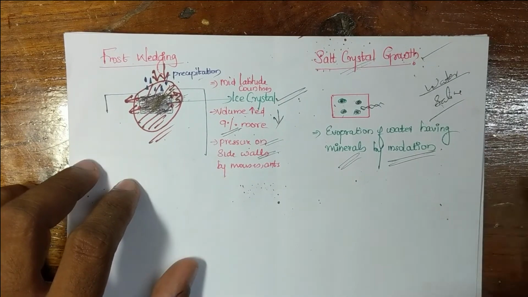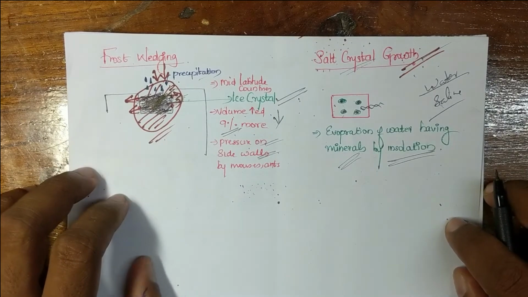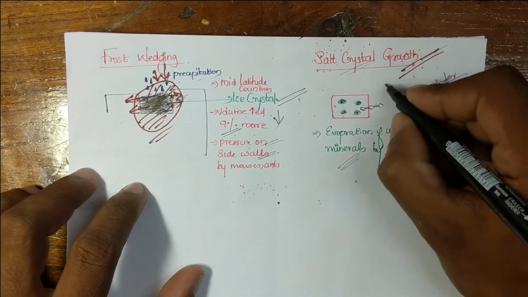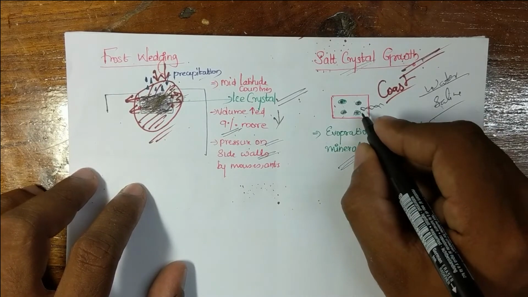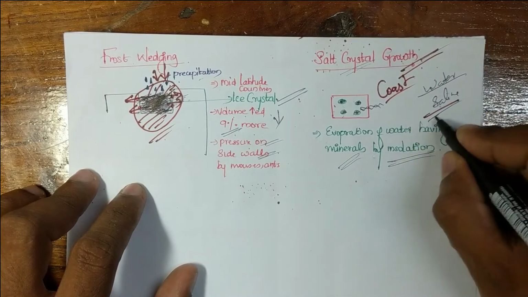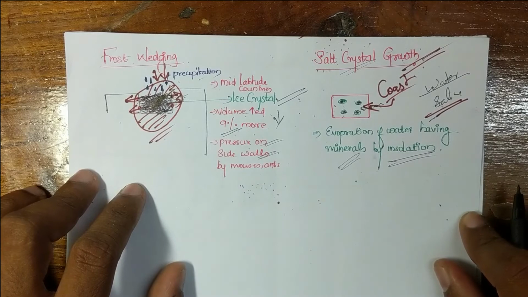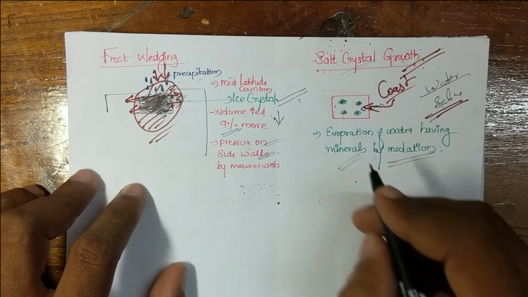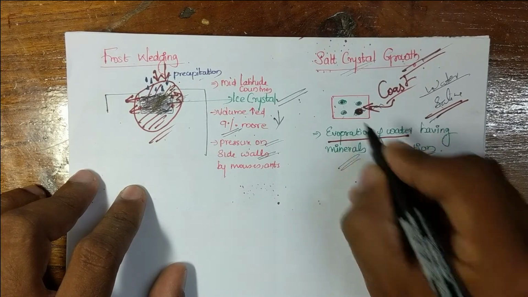The next one is salt crystal growth. This type of disintegration mainly happens in coastal areas. In coastal areas, rock particles have numerous cracks. When water having saline content gets trapped in these cracks, and insolation occurs, evaporation of water takes place within the cracks.